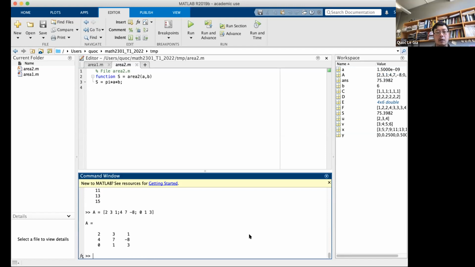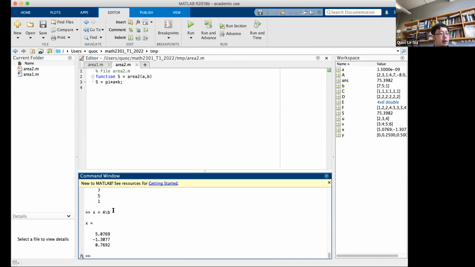Then you define the right hand side, B is 7, 5, 1, and there's a backslash command. You just take A backslash B, then you solve the linear system. It solves the linear system AX equals B by Gaussian elimination.